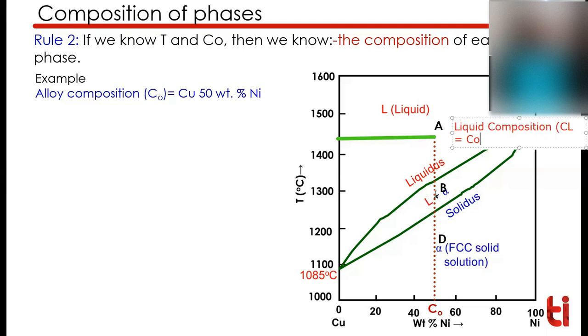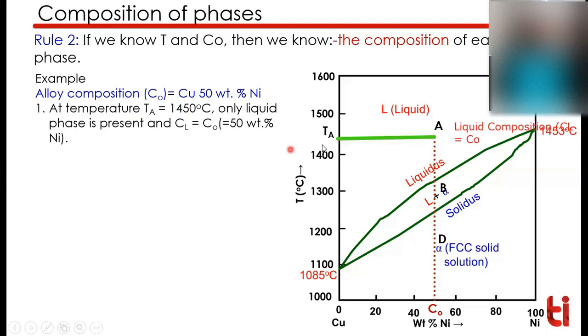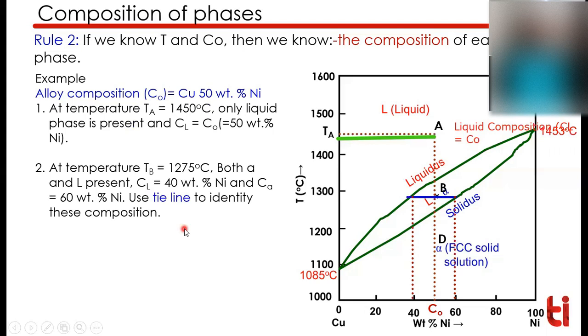Now at point B there is a catch, because it is in the two phase region, one liquid and one solid, so we cannot take C naught. The temperature at point B is 1225.